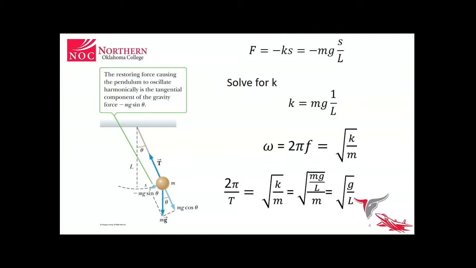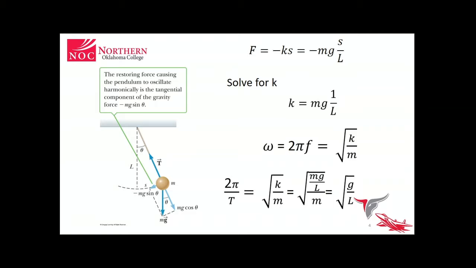If I put this in terms of Hooke's law, this is going to allow me to rewrite and solve for my effective spring constant. So the pendulum will actually have a spring constant. We can look at the angular frequency that relates to the mass, and then ultimately we can come back and look at the period. So I've got 2 pi over the period, or 2 pi times the frequency, but remember the frequency and the period are related, and that equals the square root of k over m.